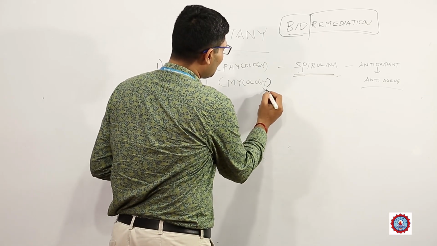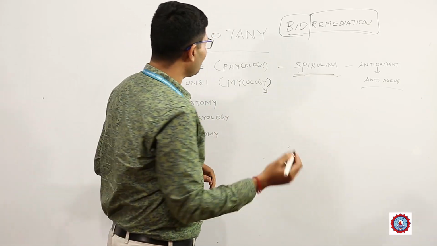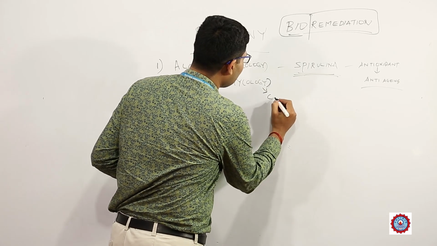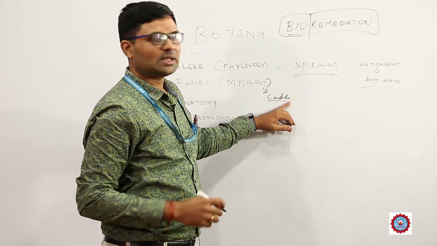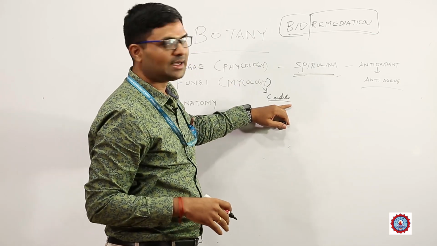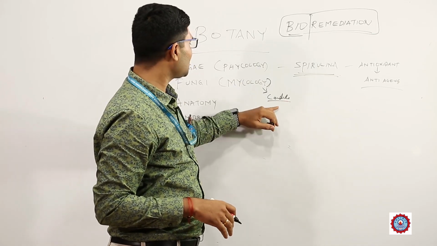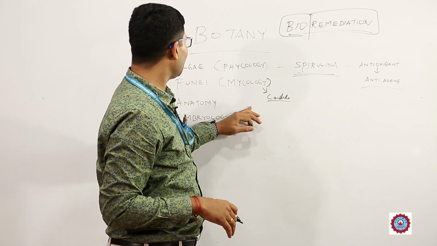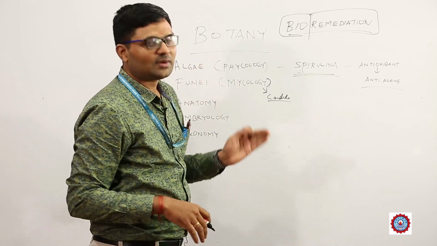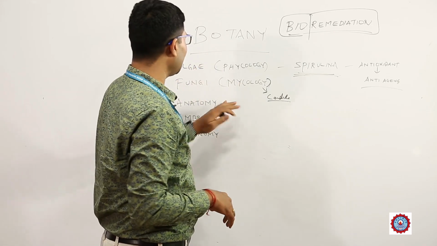For example, there is a fungus called Candida, and there are a lot of species under Candida. These fungi cause many diseases. So there are positive as well as negative aspects of fungi.